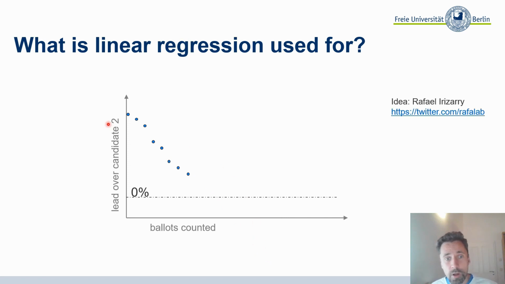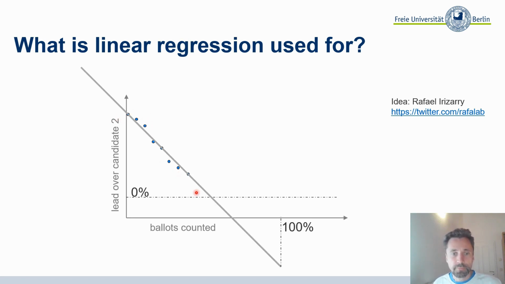So as this new data is coming in, we could compute our linear regression and then look at when this line actually hits the 100% point.